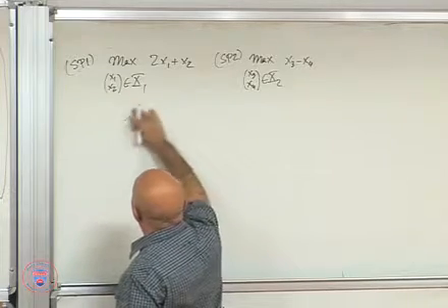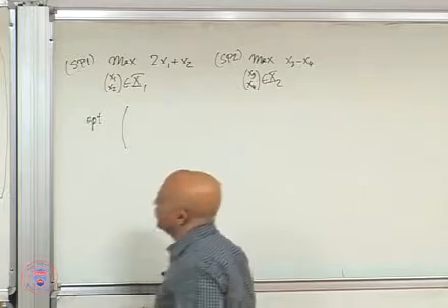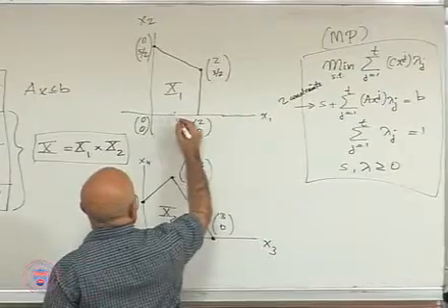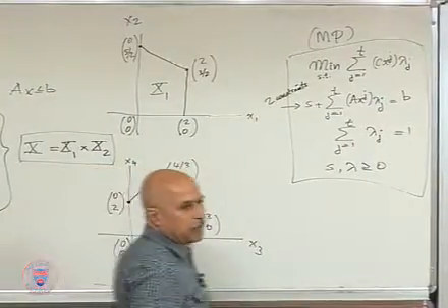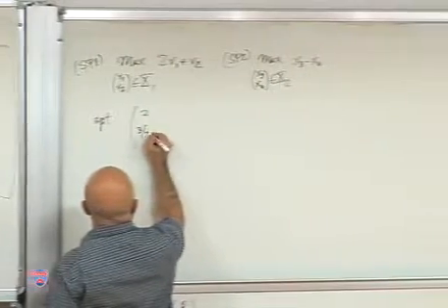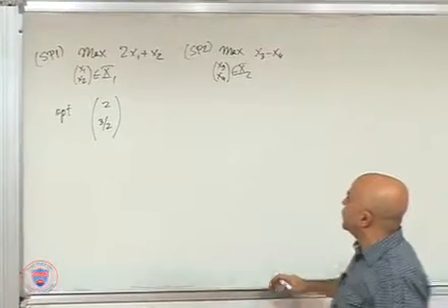By inspection, the optimum solution for this one is where? You're maximizing 2x1 plus x2, so I guess that should be the optimum, right? 2 and 3/2. That's your first optimum. What about the second one?